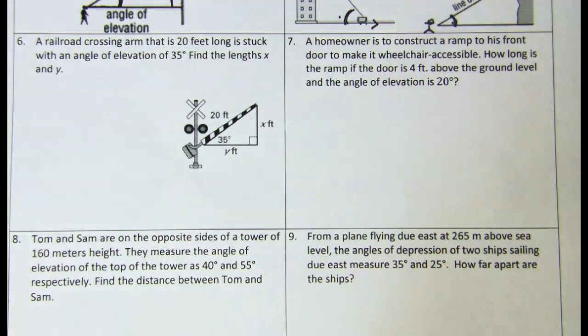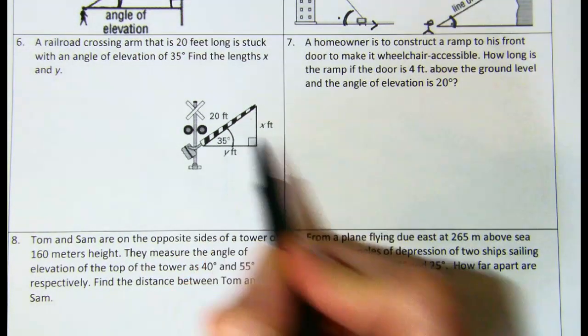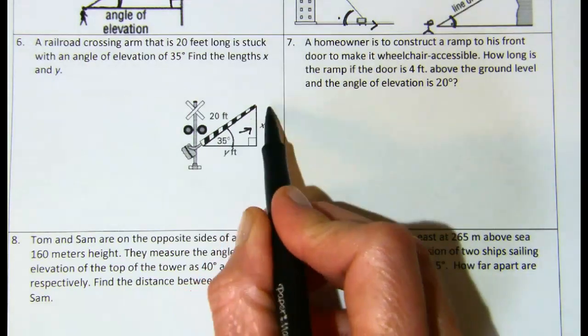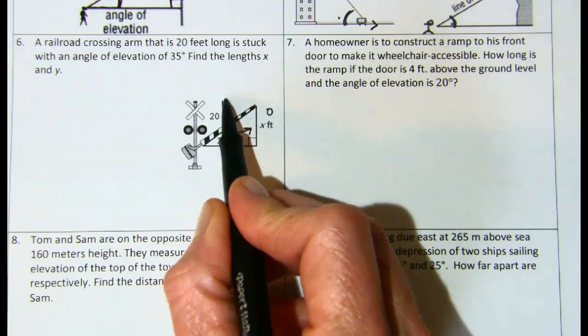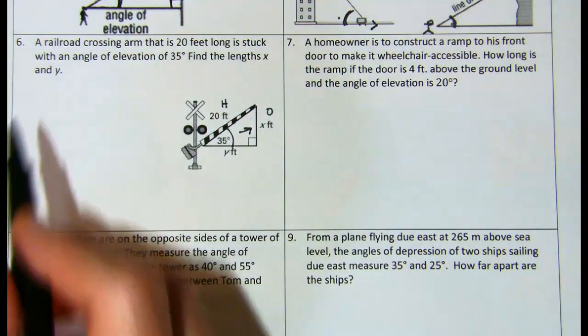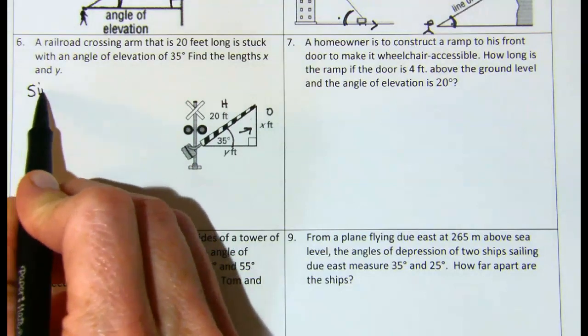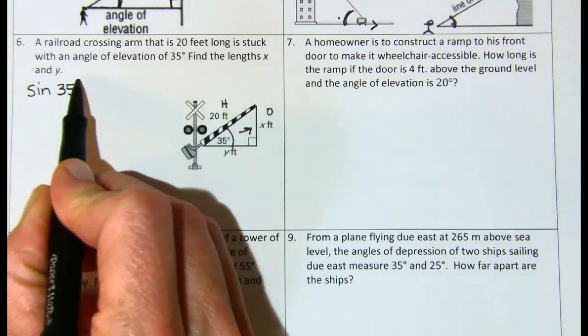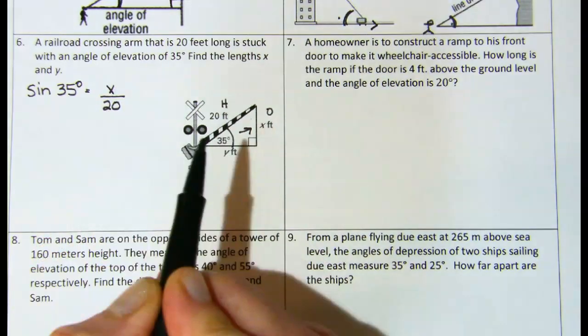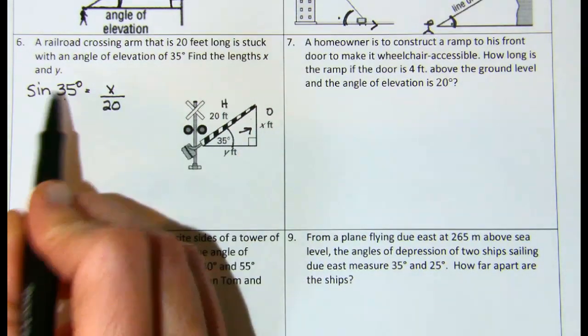So if I look at 35 and I'm trying to find X first, X is opposite and 20 is the hypotenuse. So that tells me to use sine. So sine 35 degrees equals opposite over the hypotenuse. I'm going to cross multiply.